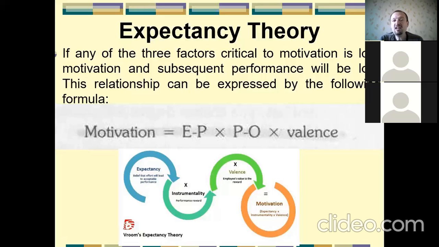But if he or she doesn't think that the reward will finally be provided, will he or she try to perform the task? No. And the balance: if you provide something without value for your subordinate, will they work for you? No. So if any component of this formula is equal to zero, motivation is also equal to zero.